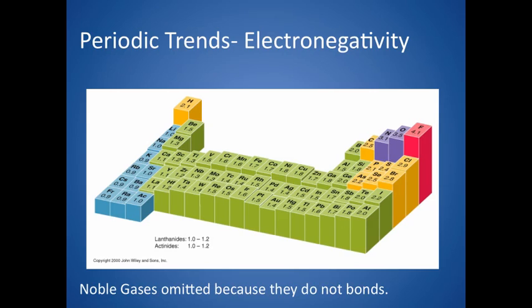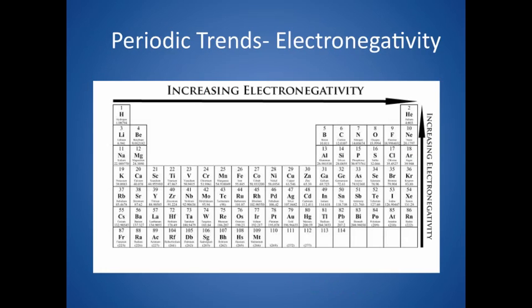They have almost a zero value for electronegativity. So again, here's the trend in a little bit more clean format. It increases going from left to right, and it also increases going up a group. Again, the trend tends to omit noble gases because they don't have much of a pull for electrons in a compound.